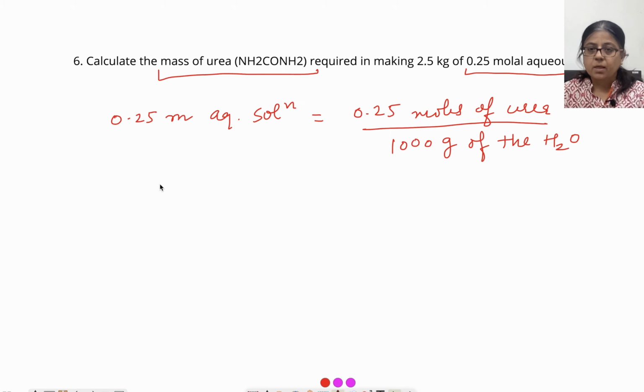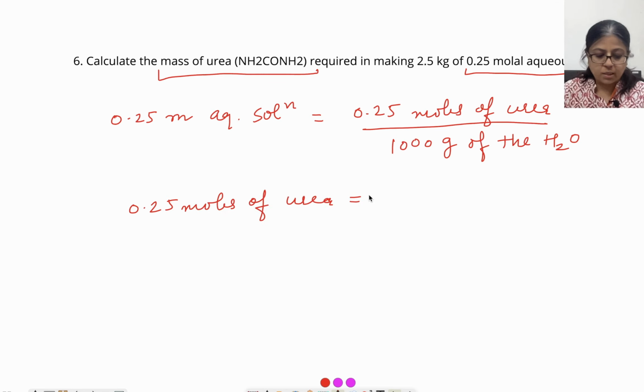To make 0.25 molar aqueous solution, how much mass of urea do you need? 0.25 moles of urea is equal to 0.25 into the molar mass of urea, NH2CONH2, which is 60 gram per mole.